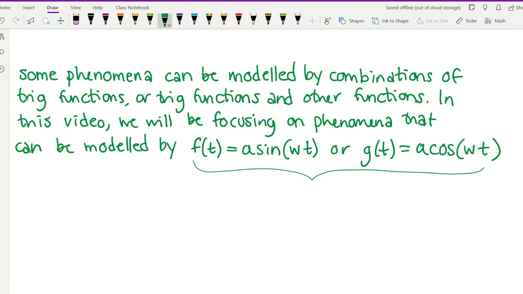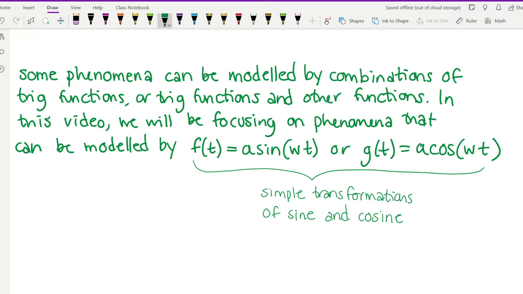These are very simple transformations of sine and cosine, right? That's something we learned about earlier in the quarter, that we can take our graphs of sine and cosine and do different transformations to them. And so these are just very simple, right?